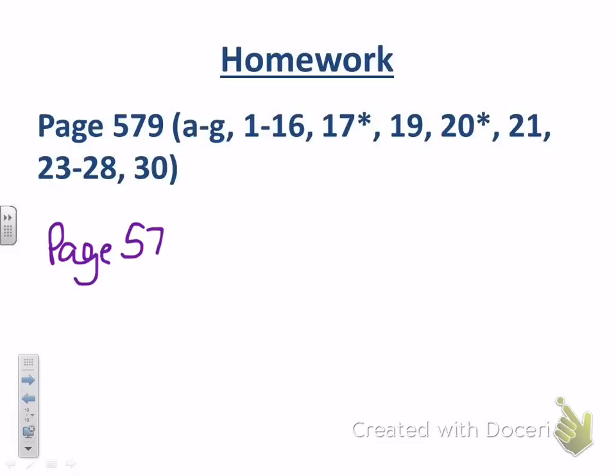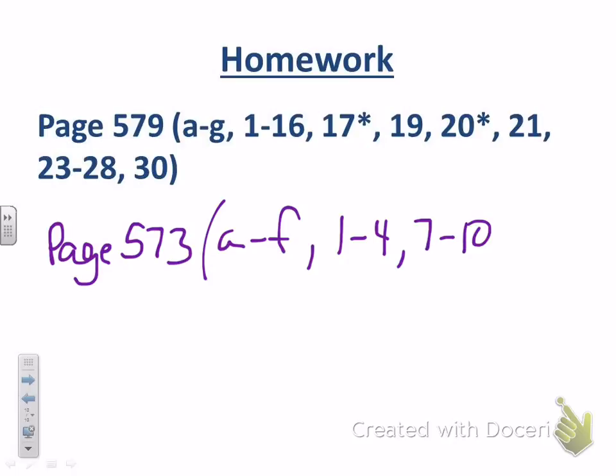I haven't got caught up in a meeting and didn't get this planned too much. A through F, 1 through 4, 7 through 10. Just do those. A through F, 1 through 16. Now this is maybe a little more than you normally have, but we didn't have homework last night, and that's just what we need to do.